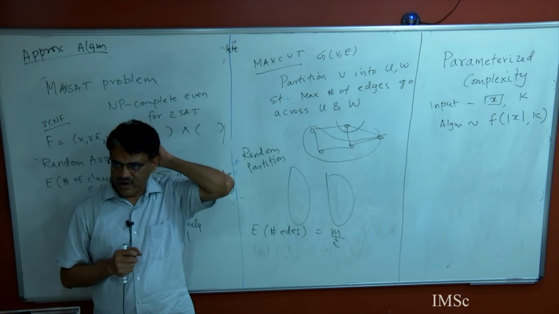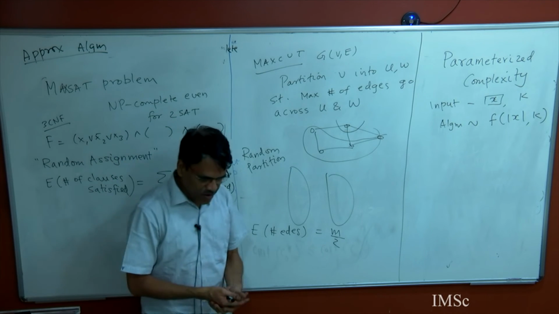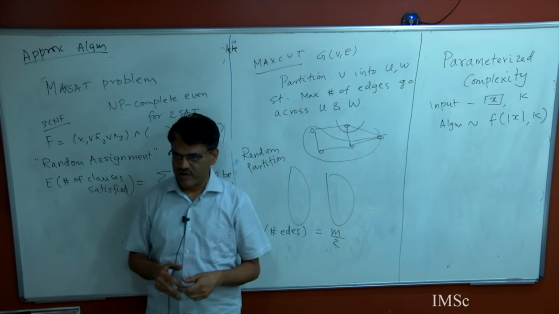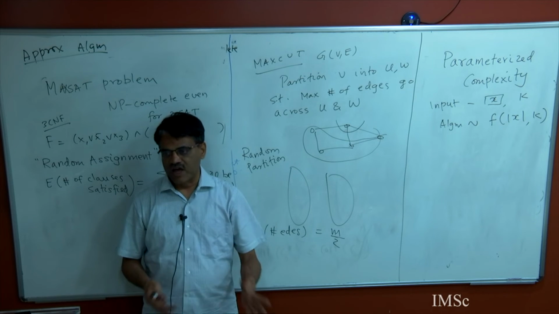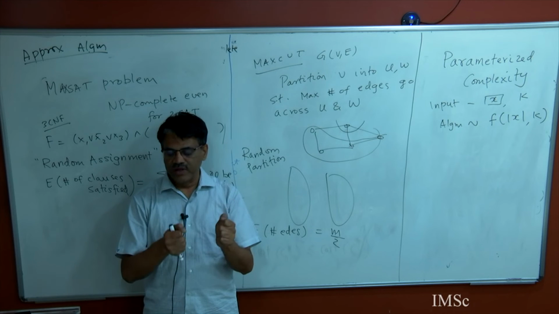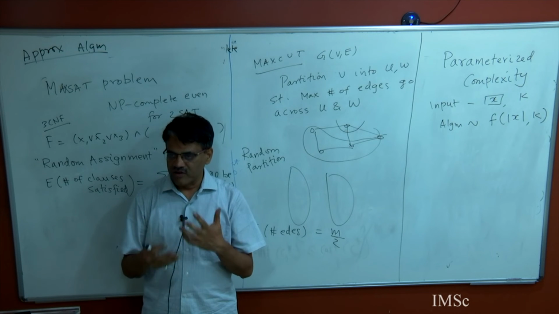So in practice, whatever parameter. If you are looking at a graph, maybe the parameter can be the maximum degree of the graph. It could be solution size. If you are looking at some string problem, the parameter could be the alphabet size, or anything.